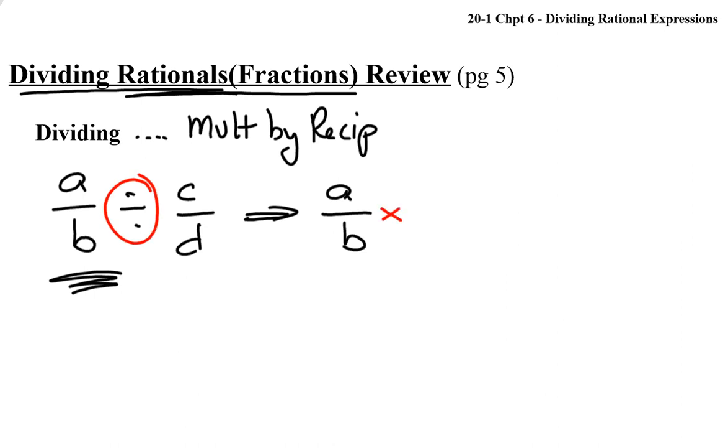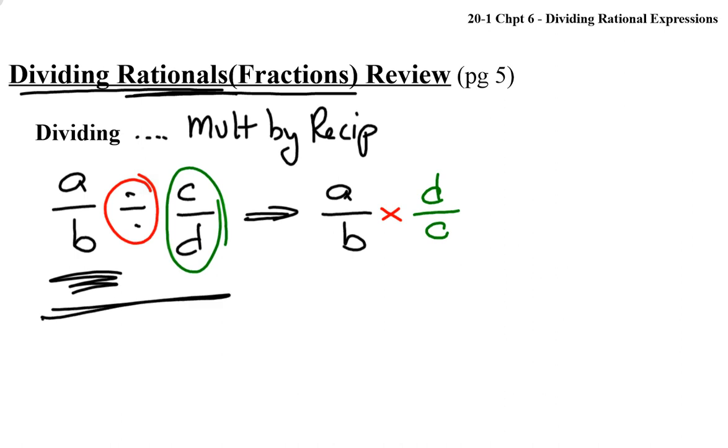Division becomes multiplication. And the second fraction or rational reciprocates, flips. Numerator and denominator change position. So A/B divided by C/D now becomes A/B times D/C.